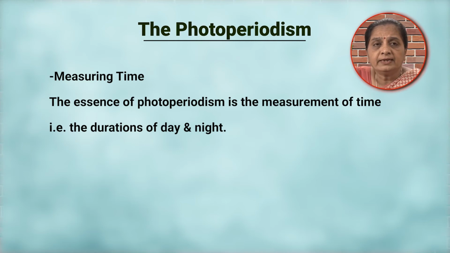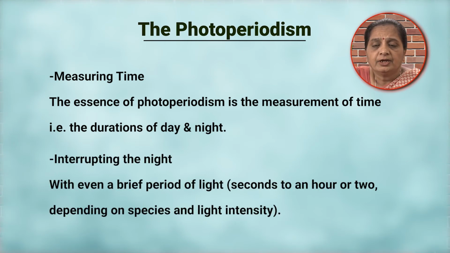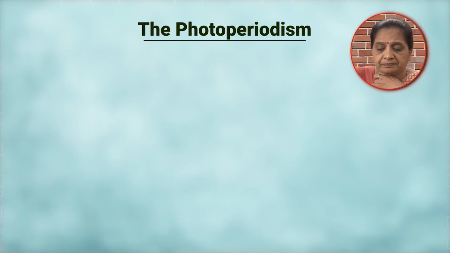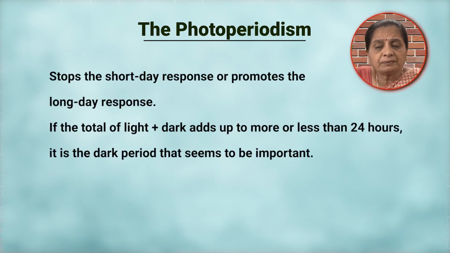Measuring time. The essence of photoperiodism is the measurement of time, that is the duration of day and night. Interrupting the night with even a brief period of light, seconds to an hour or two depending on the species and light intensity, stops the short day response or promotes the long day response.